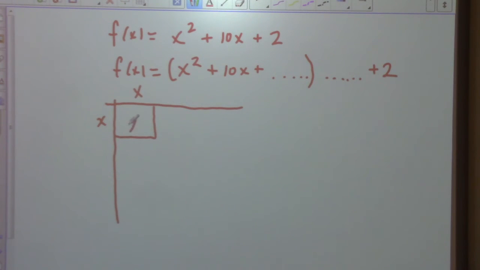And so the big square here would be x squared, and then these little ones here, you have 10 total, right? So that means you put 5 over here, because these rectangular ones are x's. So you put 5, so this is going to be 5x right here, okay, and then we put the other 5x right here.